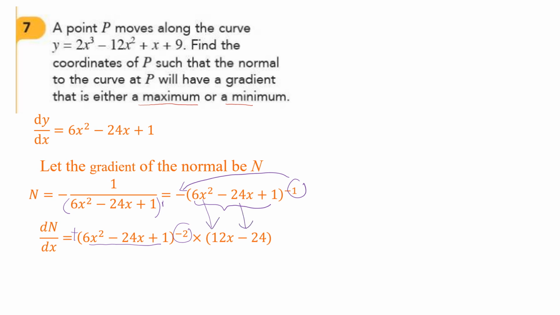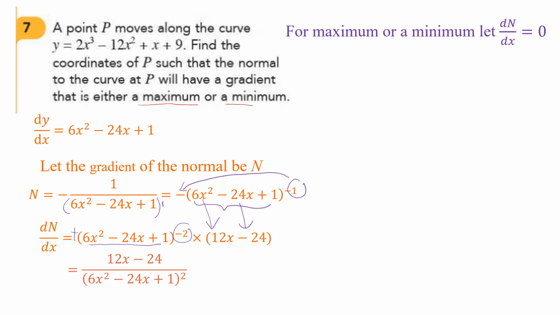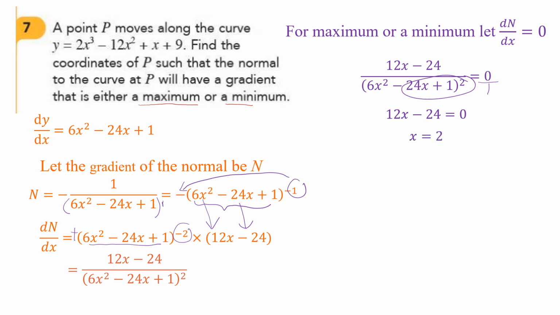Then of course I'm going to change this back into positive form, because I'm going to let that equal 0, so it's easier to work. By changing your negative index to positive index, you get a fraction, and when I let that equal 0, you see what happened. I just do a cross multiply, and then the denominator will be gone, leaving us only 12x minus 24 equals 0, and x equals 2.